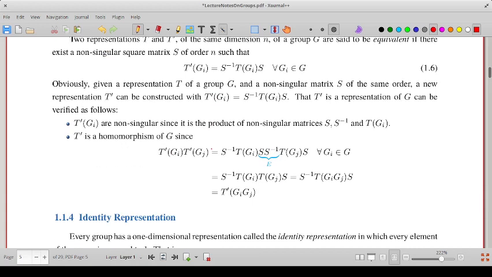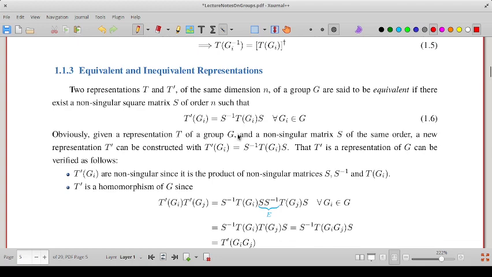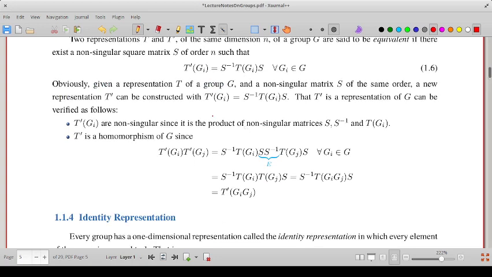So representation should satisfy two things. First of all, the matrices should be non-singular square matrices, and the second is that this mapping should be a homomorphism.